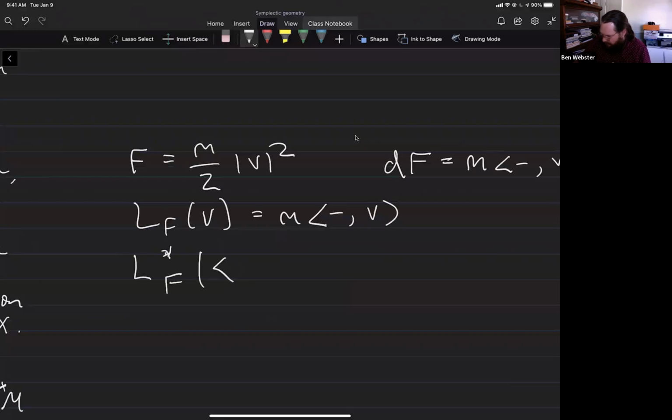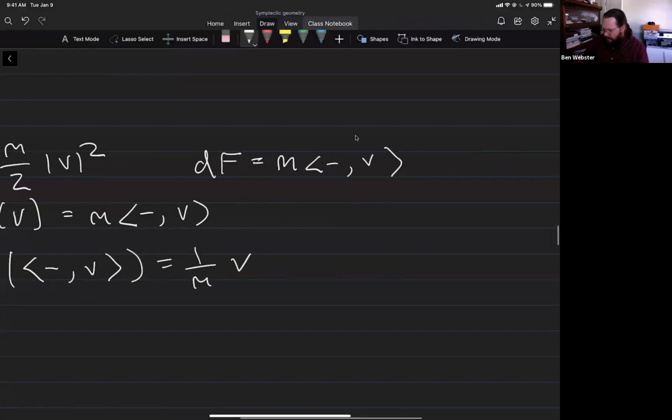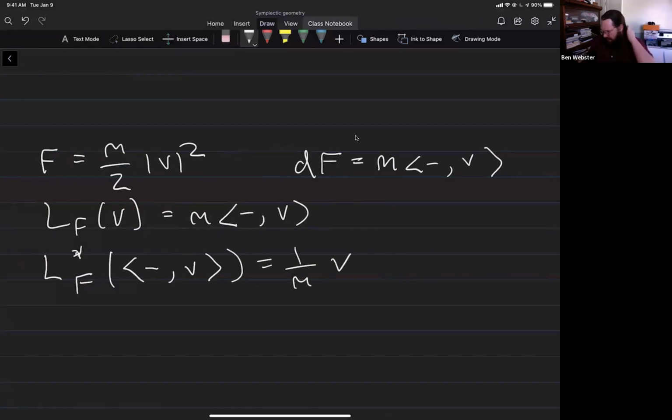So I think exactly where I went wrong is that LF inverse of pairing with a covector is 1/m times that vector, just inverting this guy. And I think that was where I had run into trouble on that previous page.